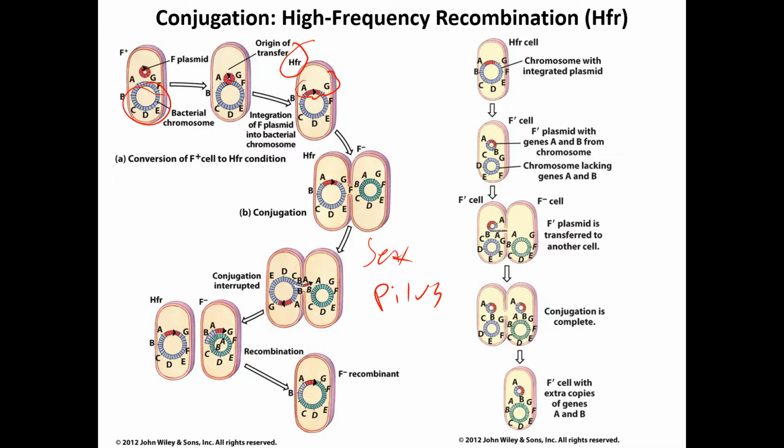Now, since it's nuclear DNA, these bacterial cells are not going to be held together very long through conjugation. They're going to separate. So only a portion of the F plasmid and the bacterial chromosome will actually enter the F minus cell.